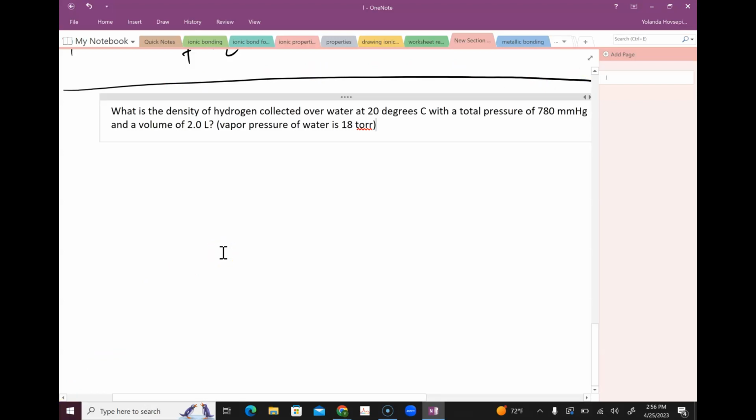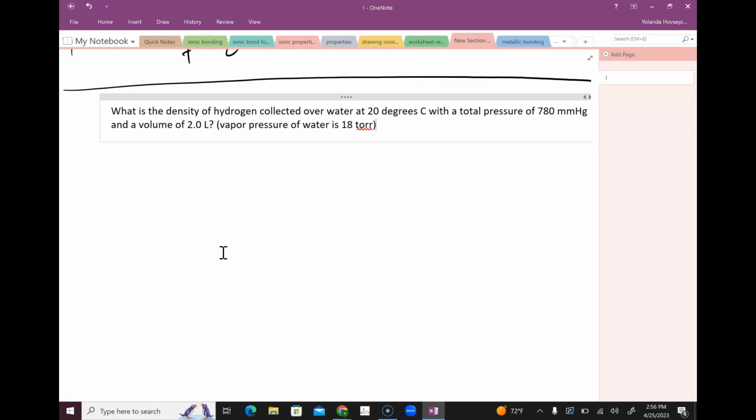Okay, so here's a problem that I want you to solve using both the partial pressure of water and water vapor, gas collected over water, along with PV equals nRT, but it's a derivative because it's asking for density. So this is where you should pause, you should try out the problem, and then come back and solve it with me.